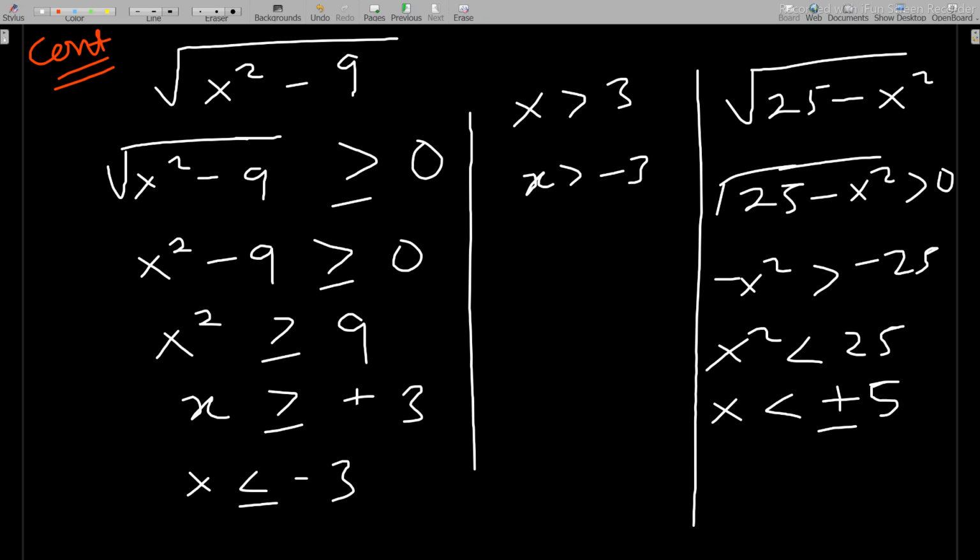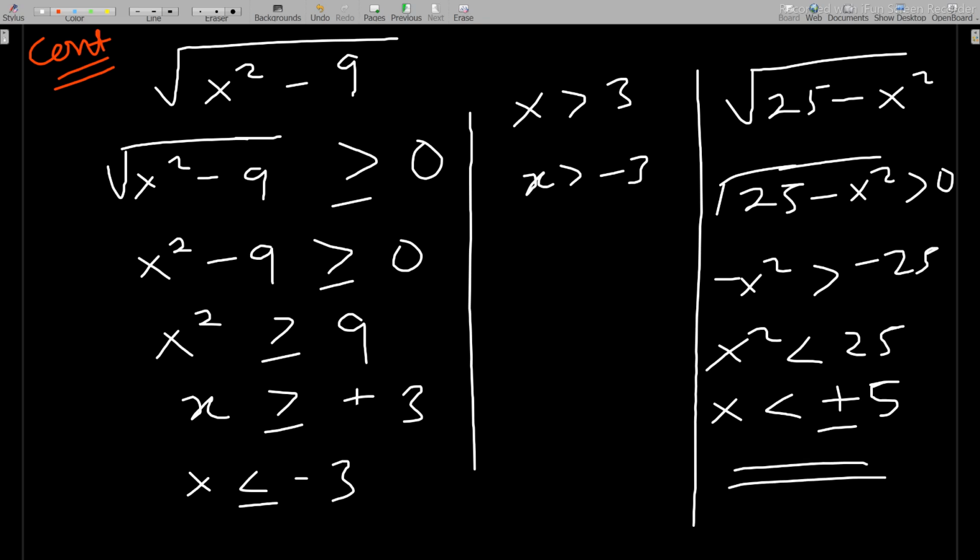Yes, indeed, because whenever x is greater than 5, say 5.5, I'll have 25 minus a bigger number. 5.5 squared is bigger than 25, so it becomes negative. So this actually works.